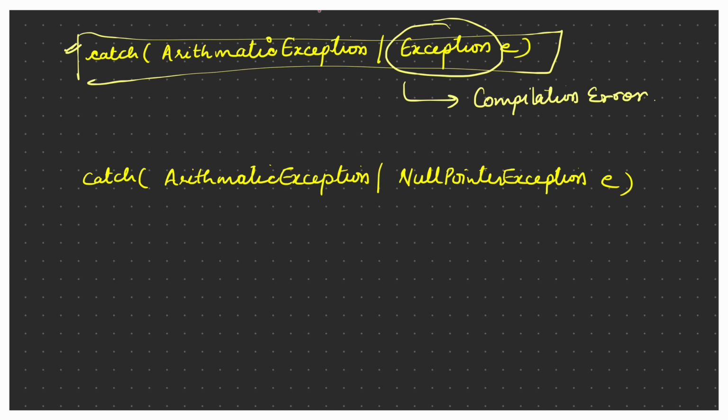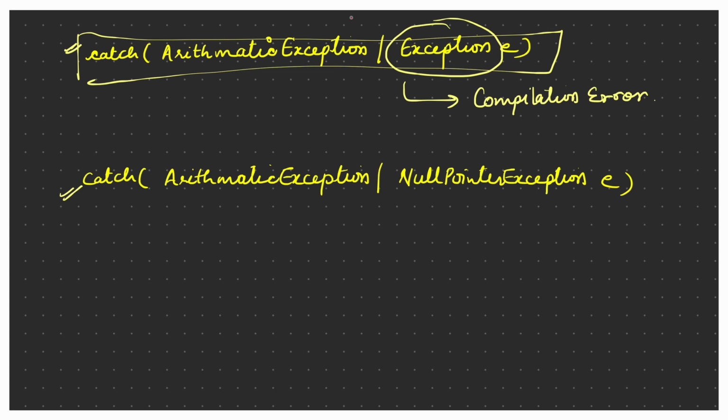But if you see the below statement, it has arithmetic exception, it has null pointer exception. There is no relationship between arithmetic and null pointer exception. So this statement is absolutely correct, right? So can I say that a catch block can be written to handle multiple exceptions, but there is a condition that these classes cannot be related.